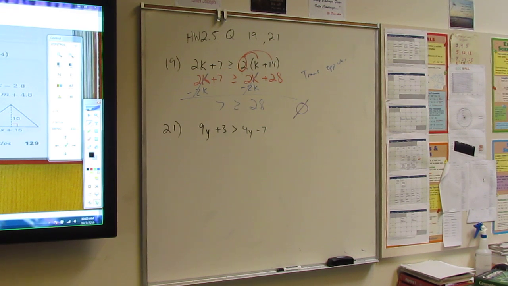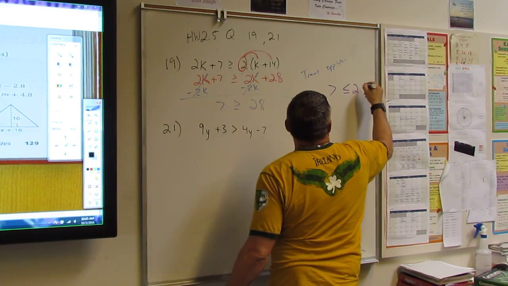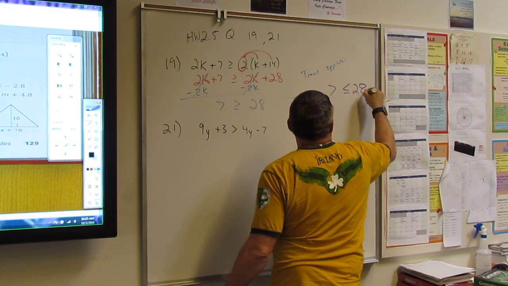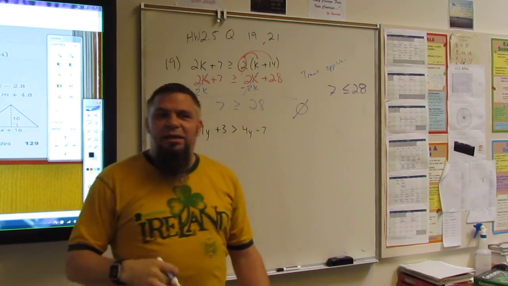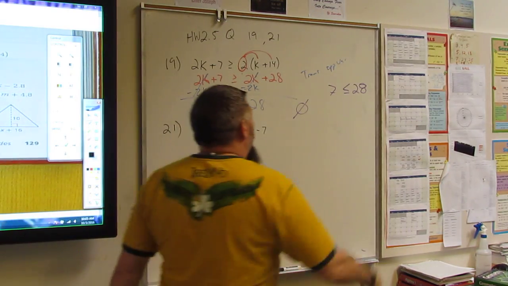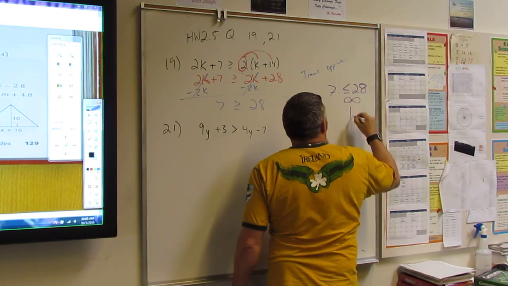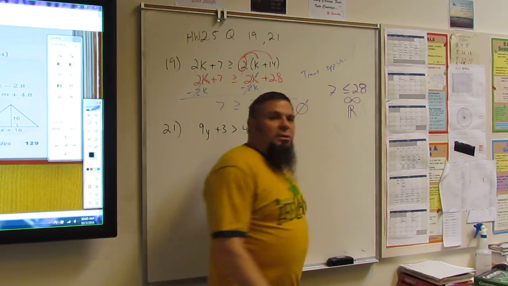So when they were equal, remember 4 equals 4? It was all real numbers. In other words, if I would have had 7 is less than or equal to 28. Is 7 less than or equal to 28? Yeah. Then in this case, it would be infinite, or what I call all real numbers.